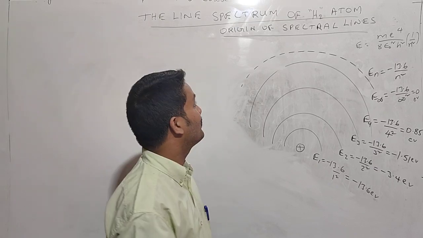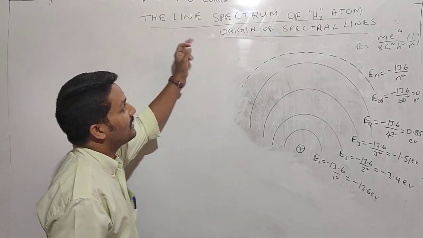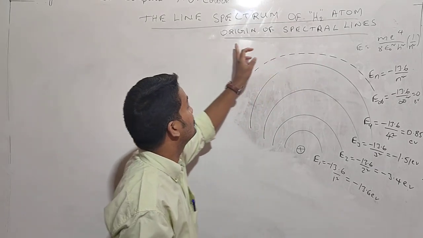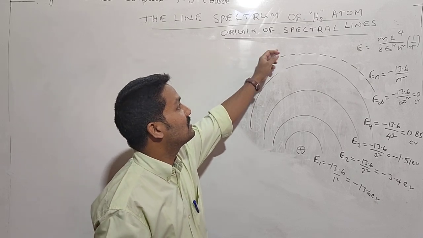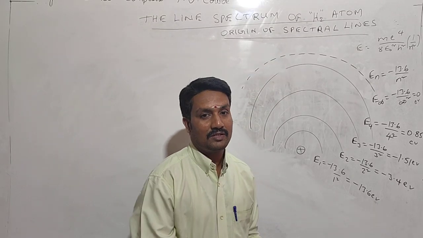Now, today we have to discuss the line spectrum of the hydrogen atom, or the origin of spectral lines.